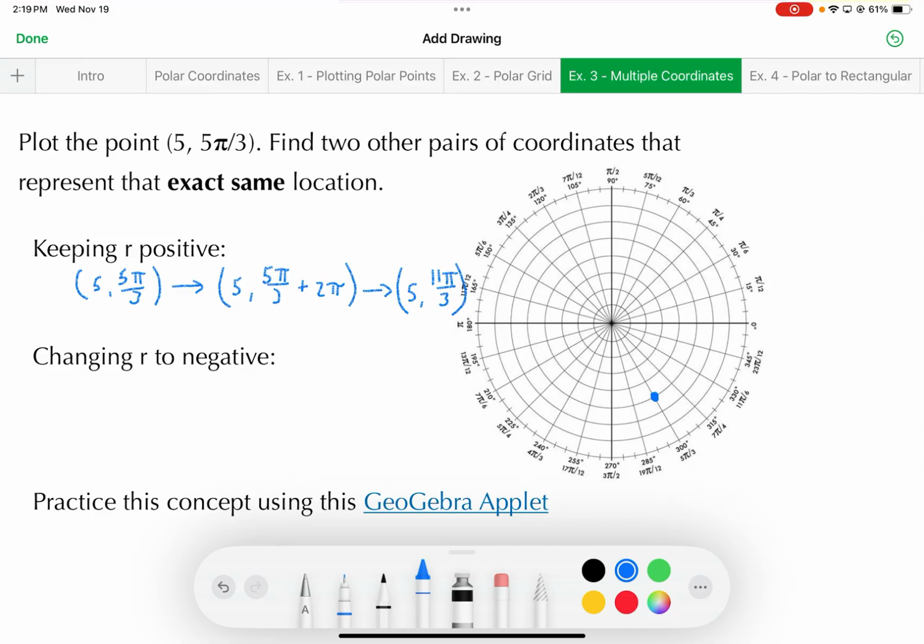Now, let's say I want to make r negative to represent this point. So we'll start with 5 pi over 3. If I want to make r negative, all I have to do is maybe subtract just pi.